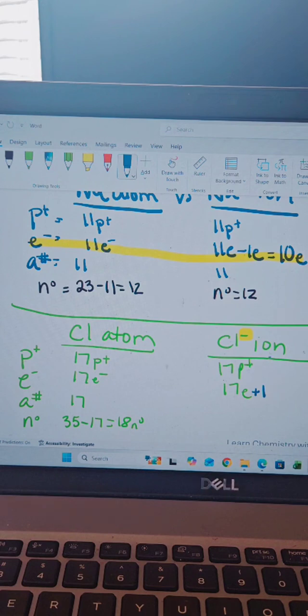So in chemistry, whenever the charge is negative, you add. So therefore, I would have 18 electrons. My atomic number is still going to stay the same at 17, and my neutrons also will remain the same, which is 18.